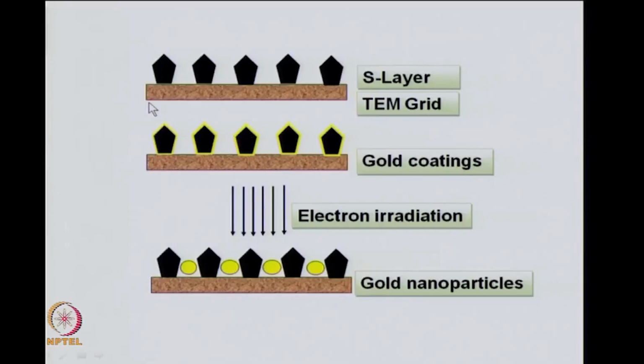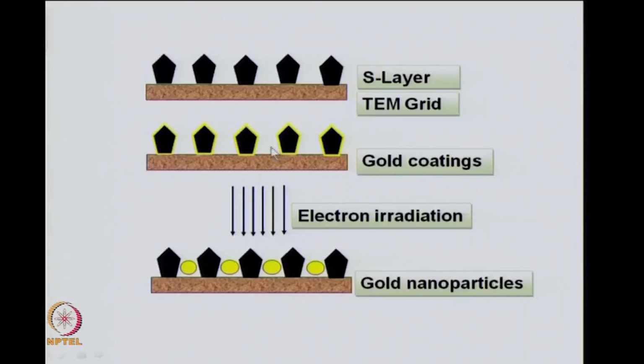So, your entire pattern is now covered with gold, but then you want gold in the centers, patterned at the center. So, what you do is you can pass an electron beam, the electron radiation, and all the gold from here then enters into the cavities, the gaps between these two ordered subunits of the polypeptide chain or the S layer.